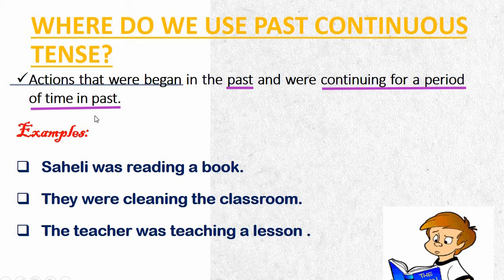Simply, we can explain this one like this. The action or the particular verb should be started in the past and were continuing for a period of time in the past.